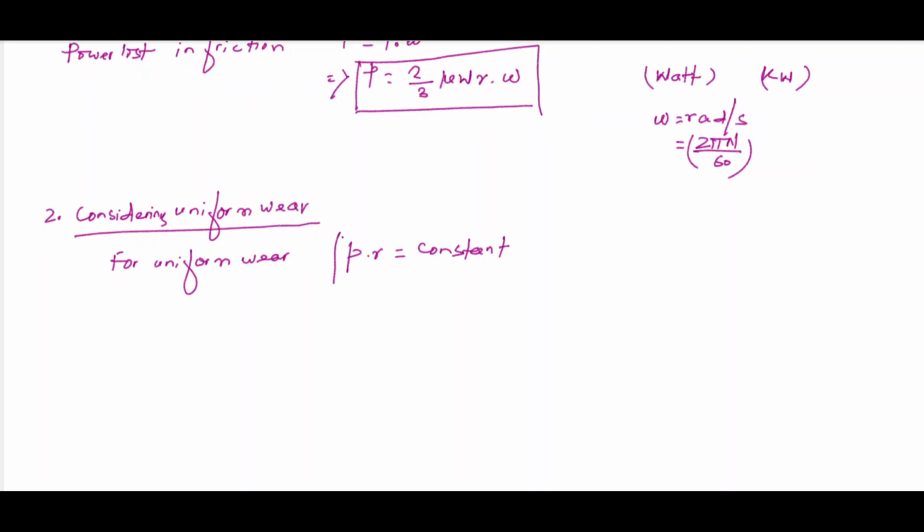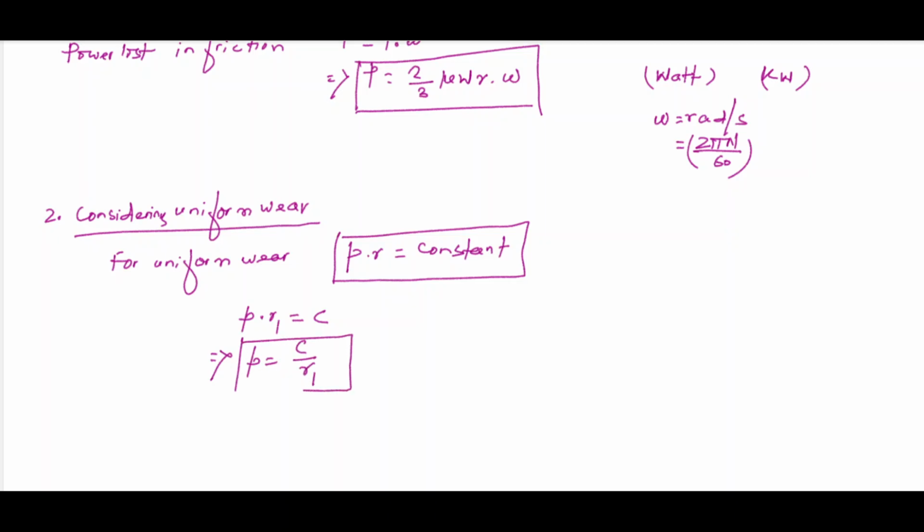Okay, P dot R is constant. So for the ring element, if you consider, it will be P R1 is equal to constant, or we can say that P is equal to C by R1. Okay, intensity of pressure is C by R1. Let's say this is equation 1.